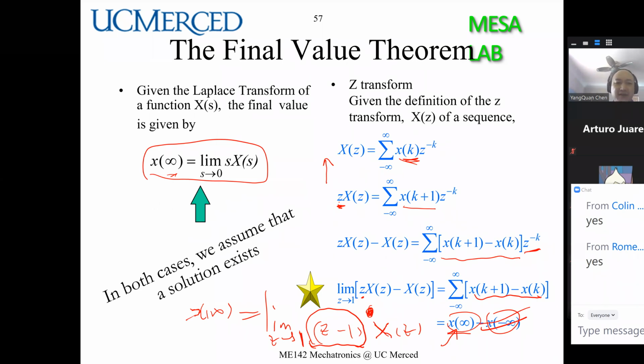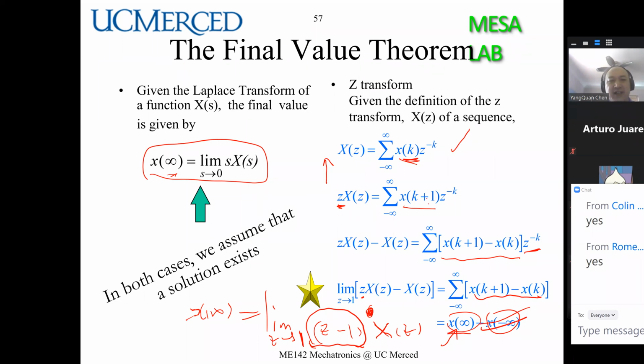Now let's check the final value theorem. Again, we start from the definition here. Let's multiply z on both sides.